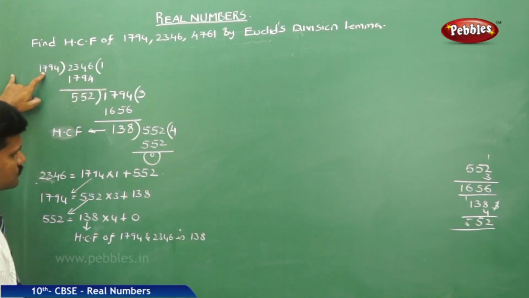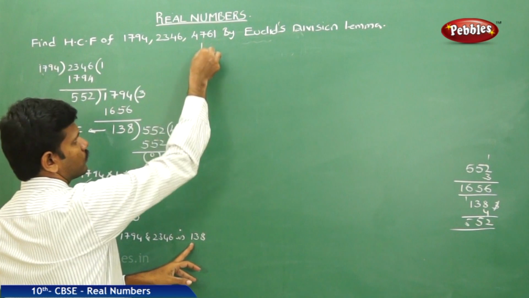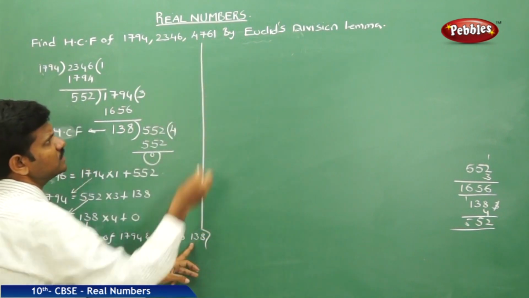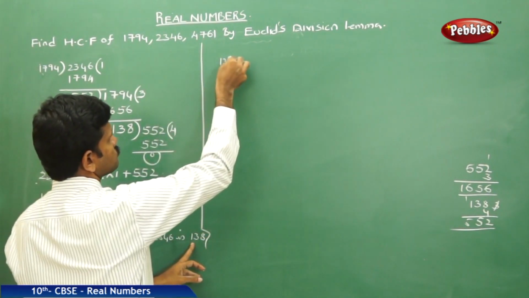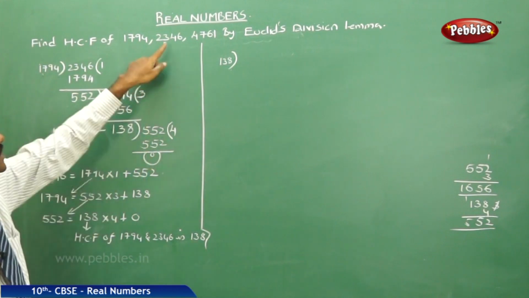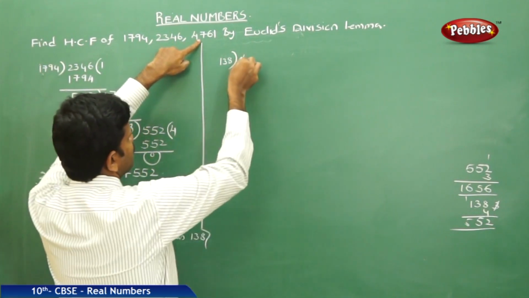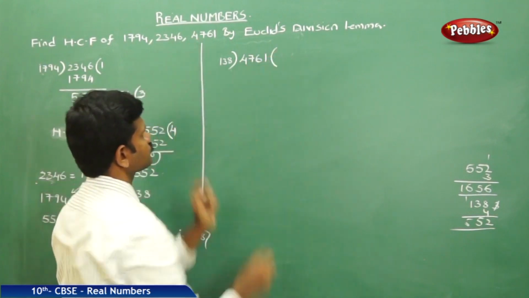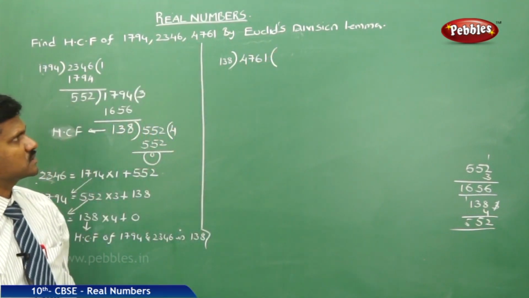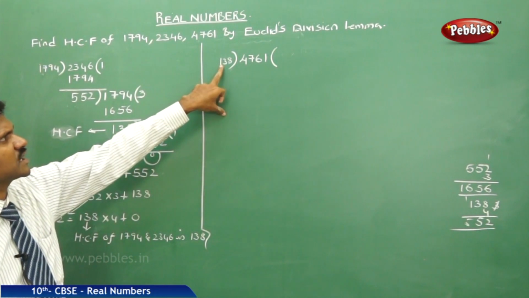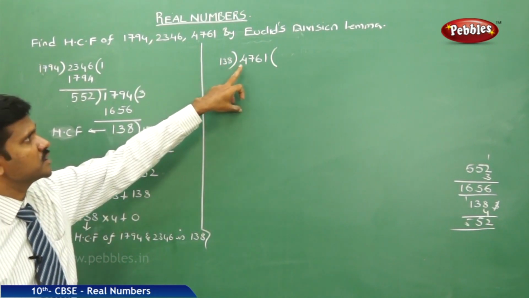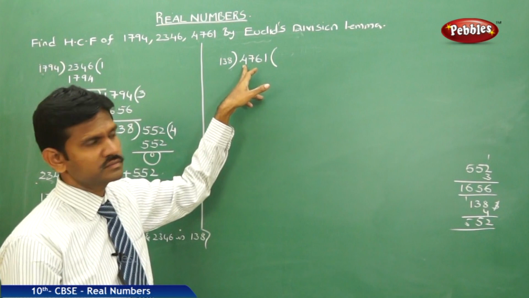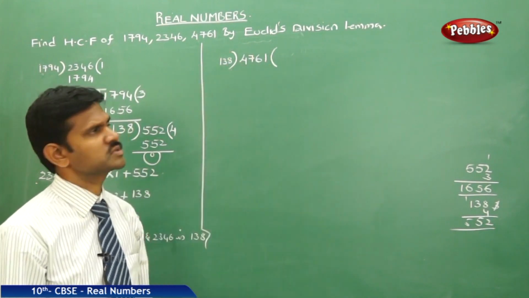Now, take this 138 and the next number is 4761. See, one is in hundreds, the other in thousands. There is a lot of gap between the two numbers.